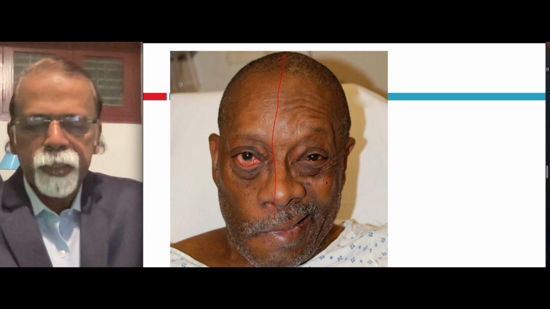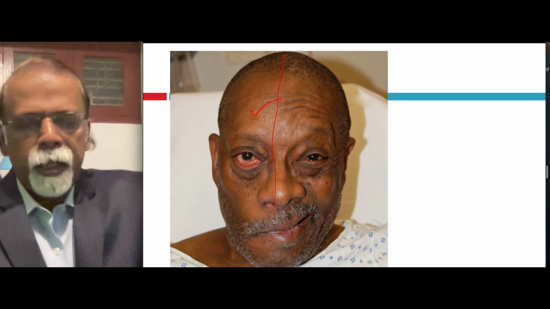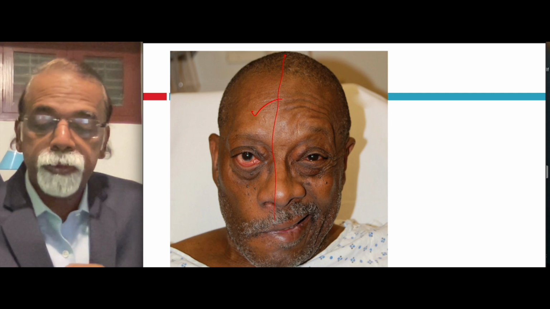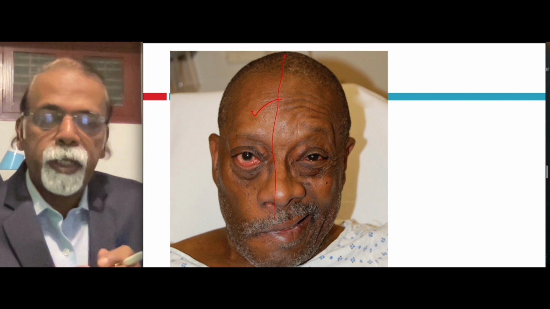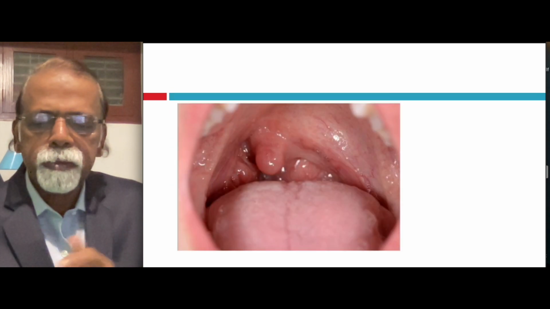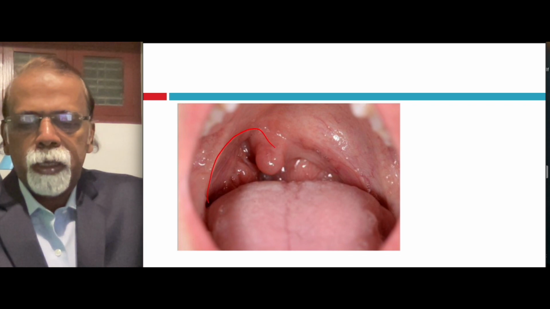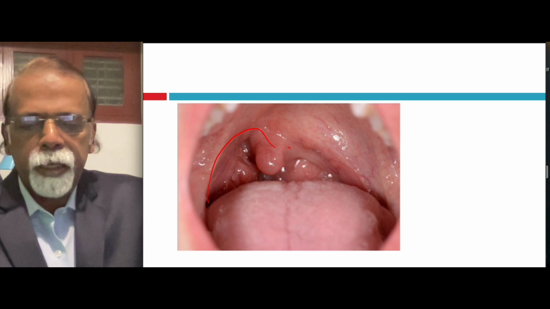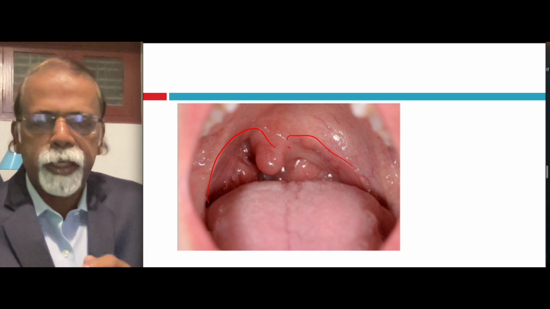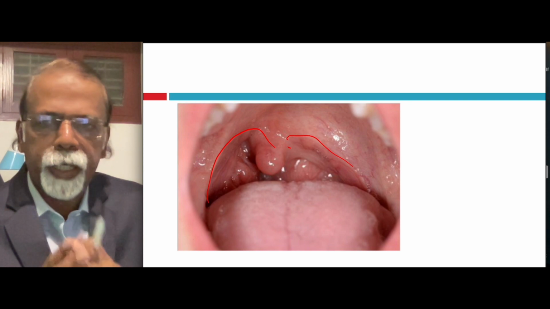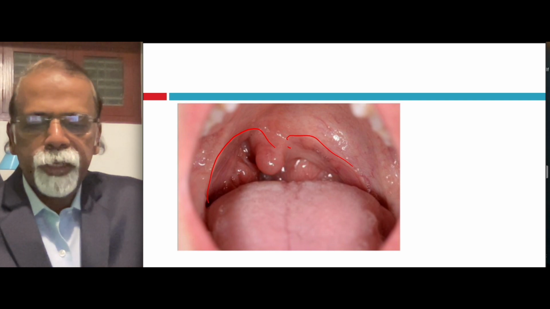The face has deviated to one side, so the upper half and lower half of the face are affected, and this is an example of a lower motor neuron type of facial paralysis. Here the patient is asked to say "ah." You can see this side is moving well and the left side is not contracting. So this is a 10th nerve paralysis or a palatal palsy, another example of an LMN lesion.